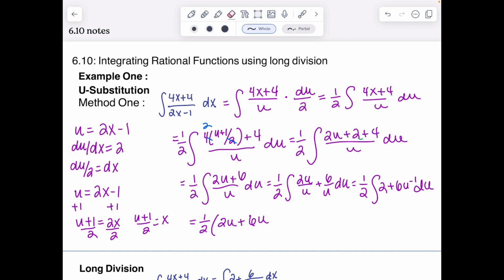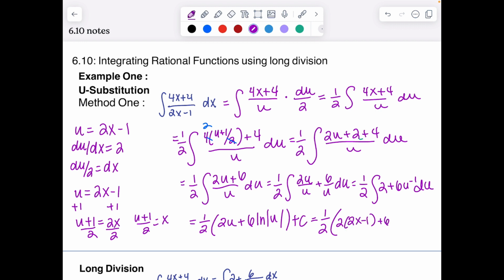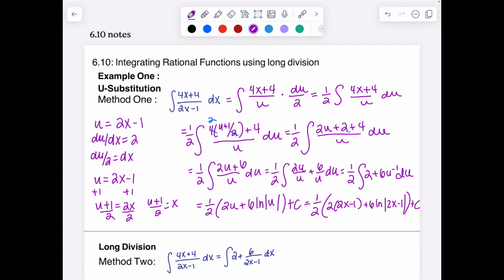I didn't even recognize this, but this is actually going to be 6 natural log of the absolute value of u, plus c. And then now I can plug everything back in for u. So again, u was 2x minus 1, plus 6 natural log of 2x minus 1, and then I just have to make sure I have my c, and that is the answer to the first one.